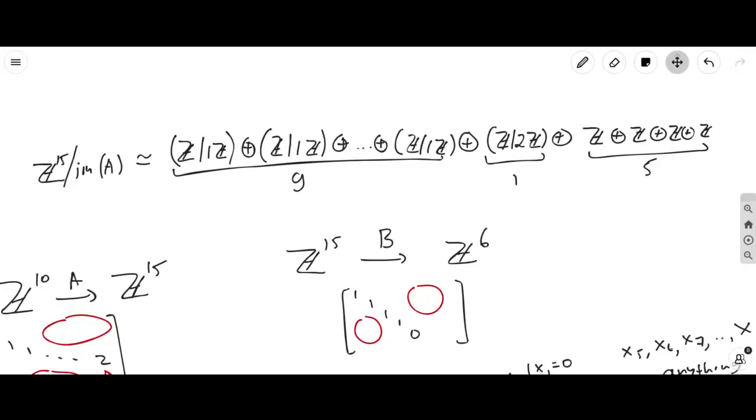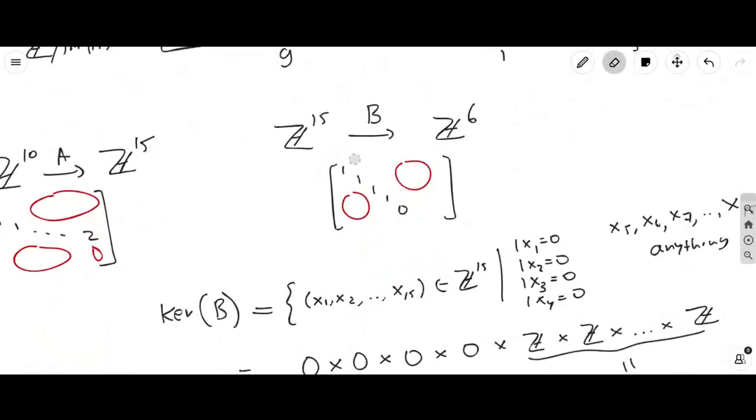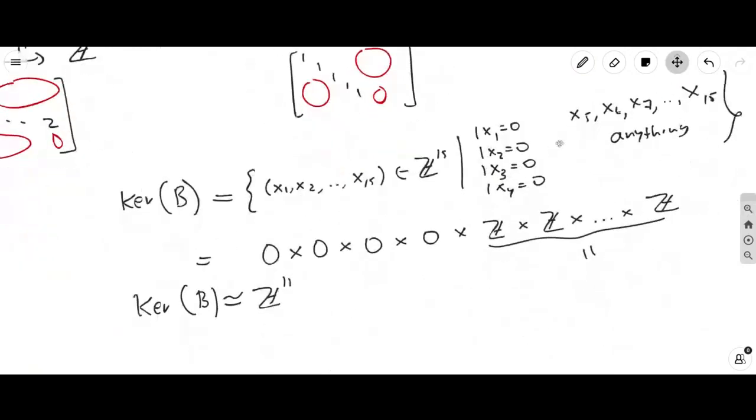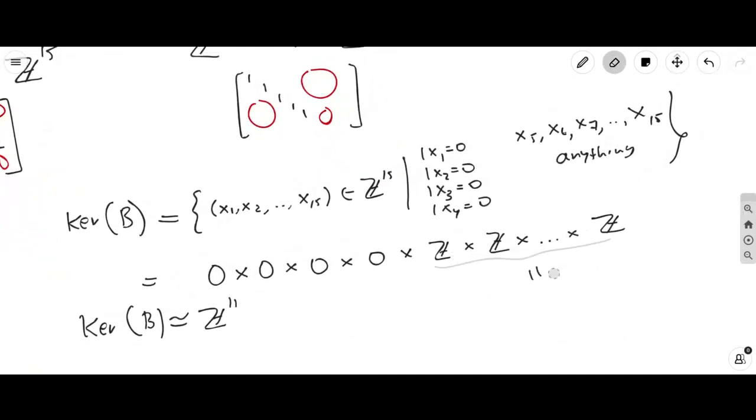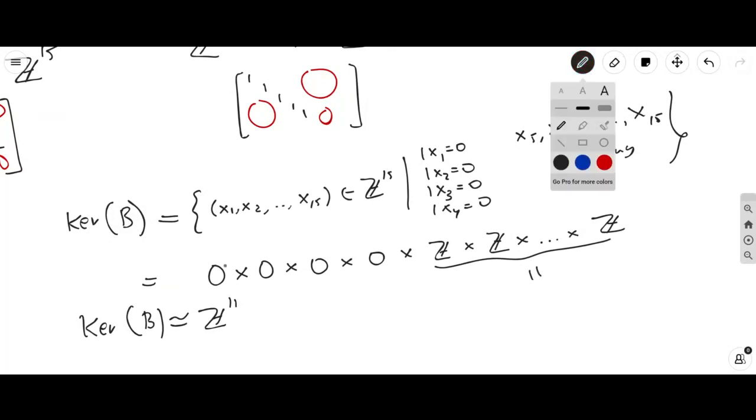Now I noticed a small mistake, but it's not serious. If you carefully look at the computer, there's supposed to be an extra 1 over here, and I forgot to include that extra 1. So the kernel would actually have 5 zeros, so there's 10 of these.